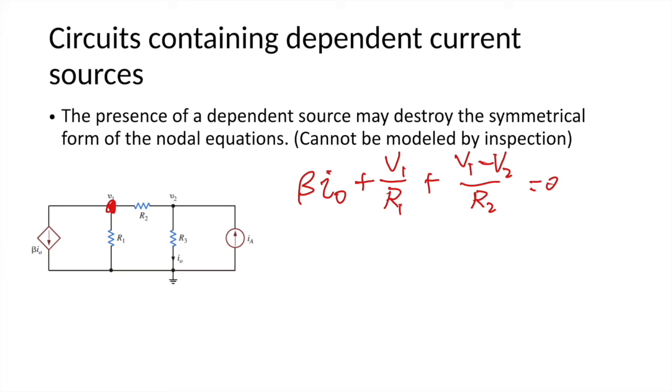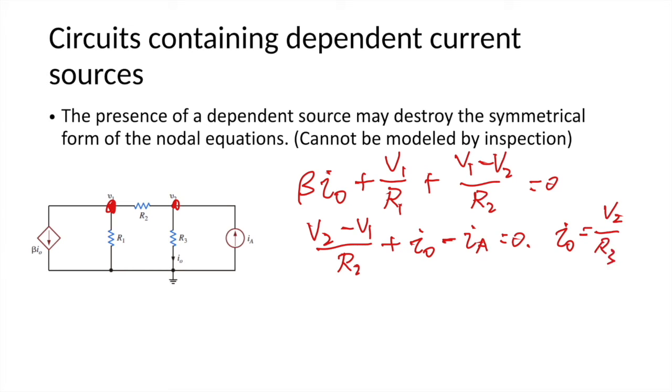And for node 2, we have V2 minus V1 over R2 plus I0 minus IA equals 0. And we know I0 equals V2 over R3.